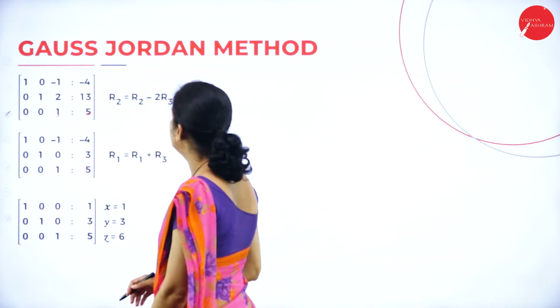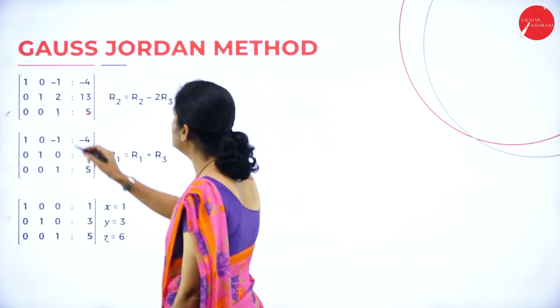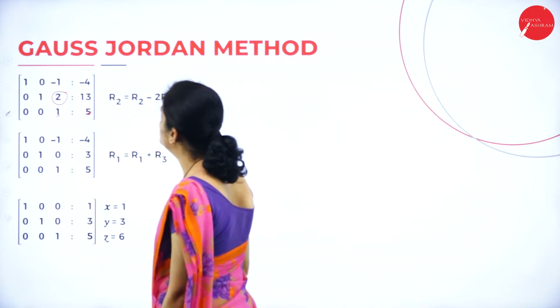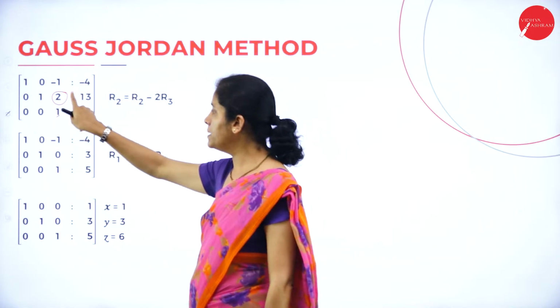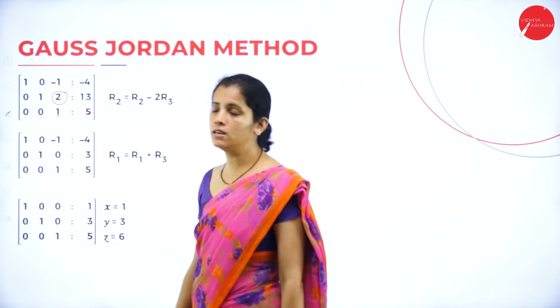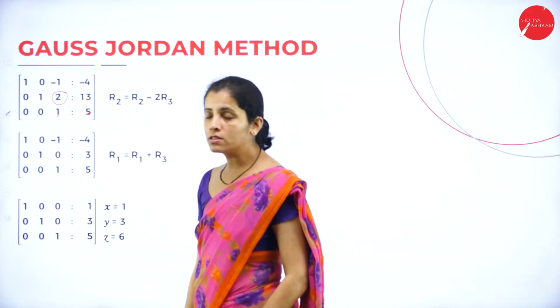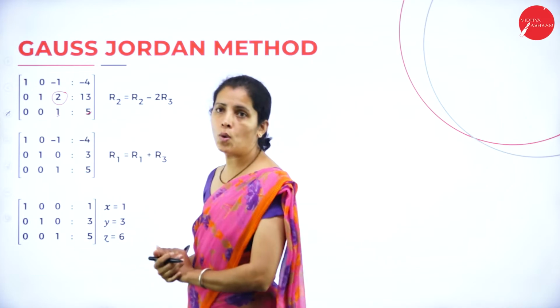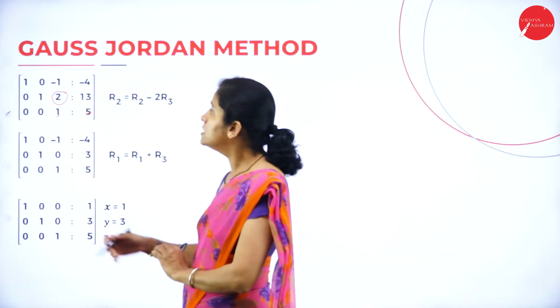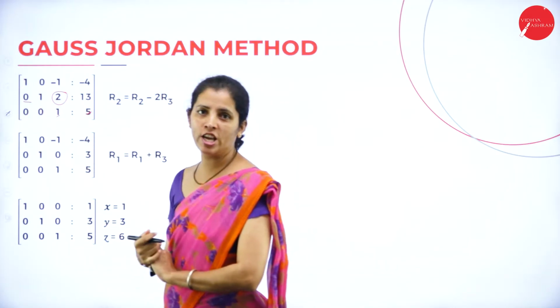Now see here, I want to make this element 0. To make this element 0, I'm going to consider row 3. Suppose to make this element 0, if I consider row 1, what's going to happen? This value is going to change.